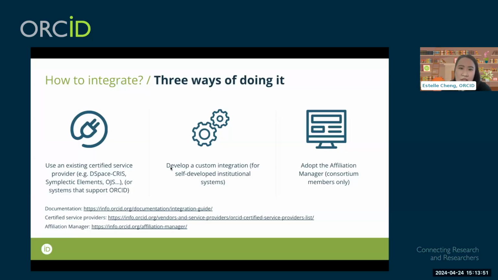Please share if you know any system that your organization uses, whether it's an ORCID certified system, a vendor system, a customized integration, or whether you already use ORCID Affiliation Manager for consortium members. I'm going to wait maybe 2 minutes to share everybody's results, because at this point I haven't seen anyone voting. Please vote, and we can share the results.